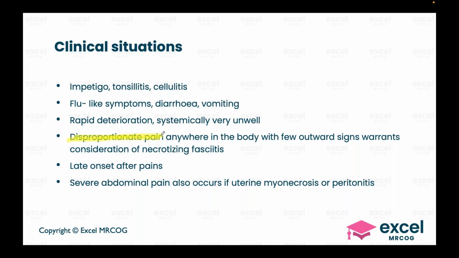And late onset after pains. What does this mean? After delivery, you usually experience some cramping because of the uterine contractions, which should pass off by 12 hours. However, if the lower abdominal pain persists and does not subside with analgesics, these are buzzwords that would be there in the question in your part 2 exam.